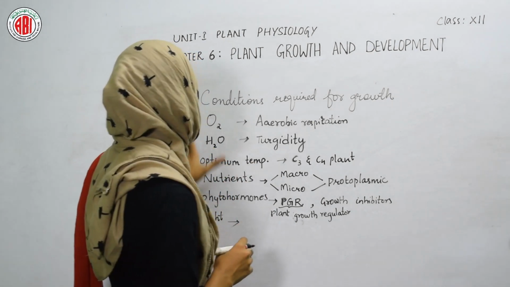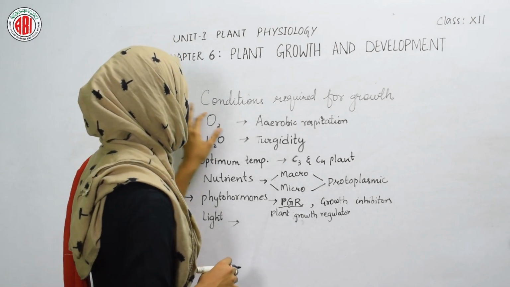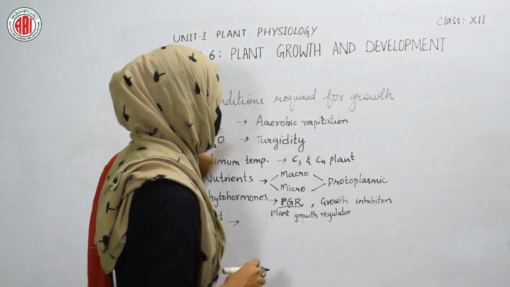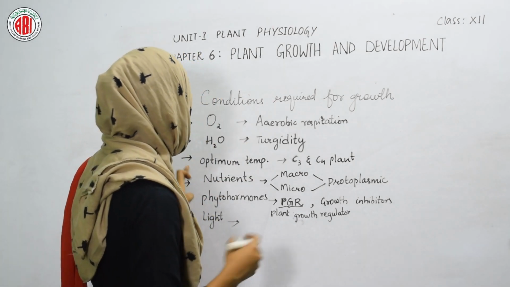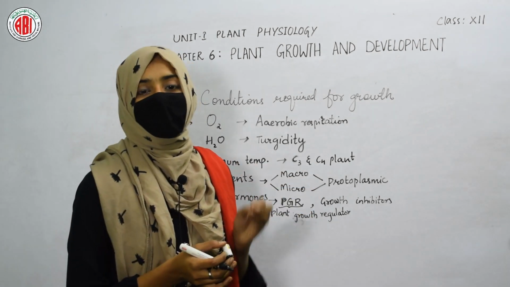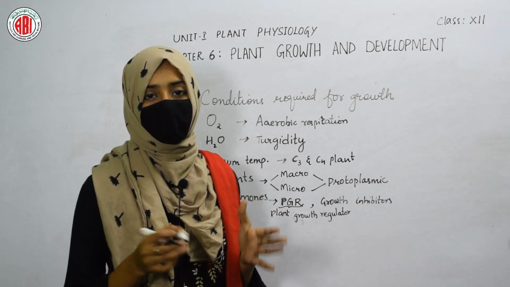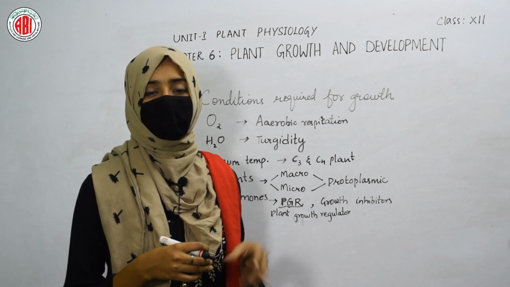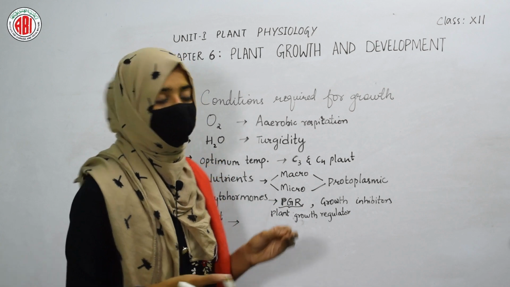So this is about the different conditions required for growth. Oxygen is required for aerobic respiration. Water is required to provide turgidity to the cells. Optimum temperature is required to show proper growth, and nutrients are also required to add content in the cells so that the cells increase, and when the cells increase, the width of the plant also increases and the plant can show growth.